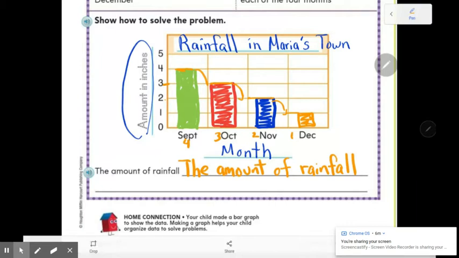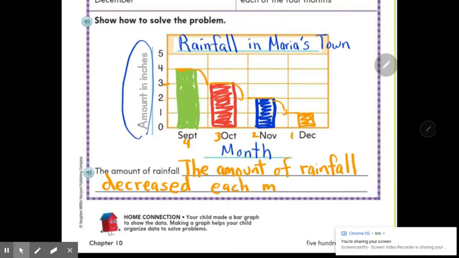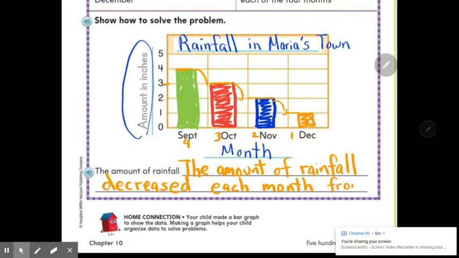The amount of rainfall decreased each month from September to December.